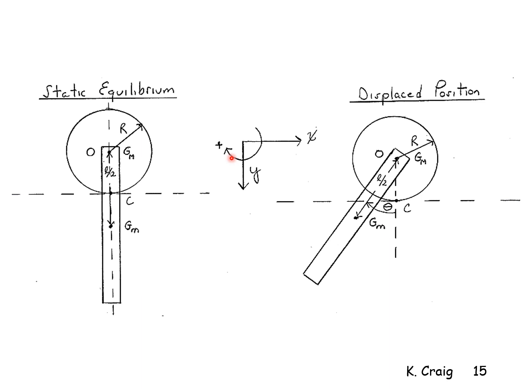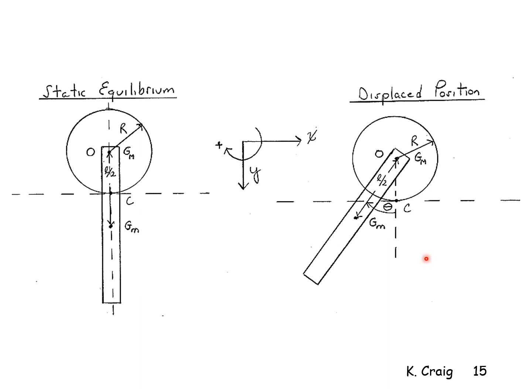However, we start all of our analysis by putting the system into a displaced position, a non-equilibrium position. So here I show the system displaced by an angle theta. Everything else remains the same, but this is the diagram that I use for analysis purposes.